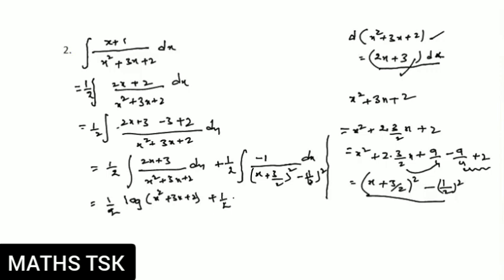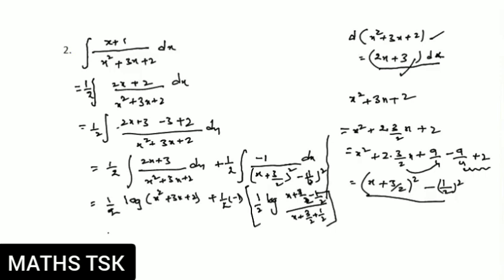For 1 by x square minus a square, the answer is 1 by 2a log of x minus a by x plus a, that is x plus 3 by 2 minus 1 by 2 by x plus 3 by 2 plus 1 by 2.